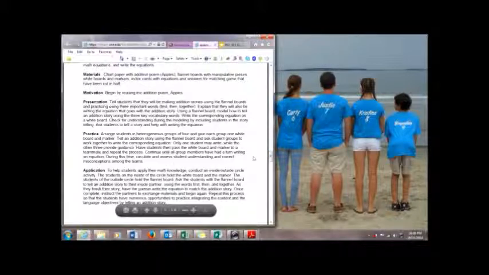He's then giving the students a whiteboard and asking them to try doing the different equations, as well as using the flannel boards in groups. So he's then letting them practice. So we're seeing this, the teacher presents, which is the I do.